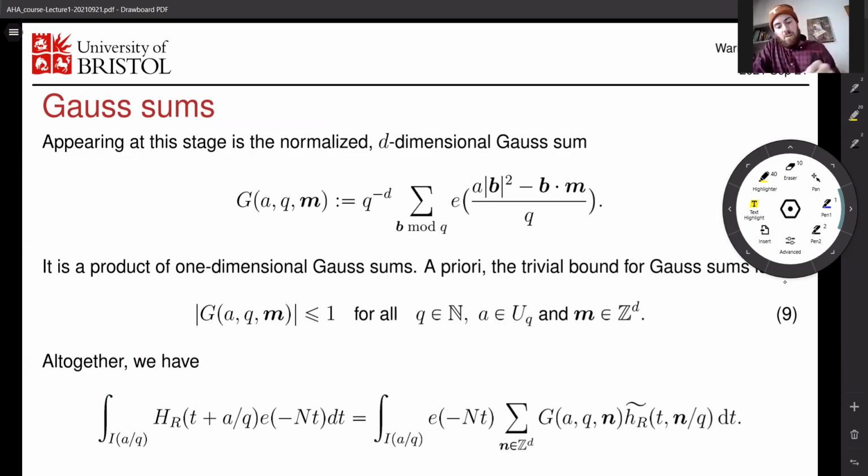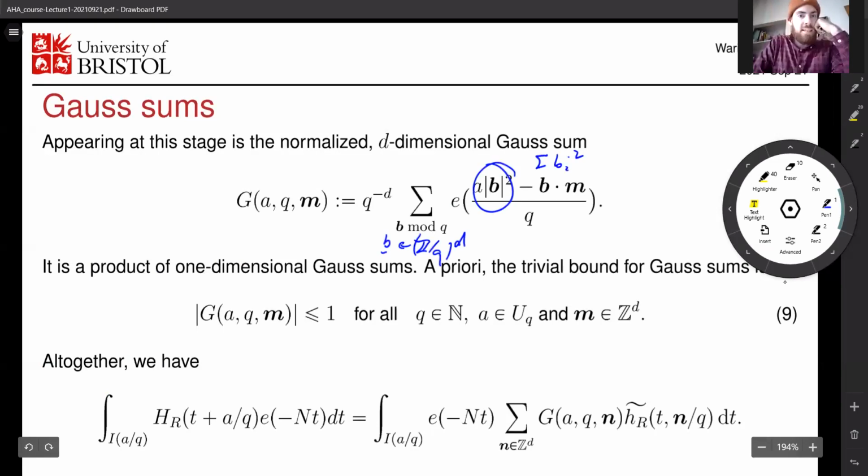What do I mean by this? So I'm looking at B mod Q. This B is a vector, so it's B in Z mod Q to the D. And when I write this, I actually mean the sum of BI squared. I'm just being a bit lazy and taking the norm squared everywhere, but norm doesn't make sense mod Q. So I mean just the algebraic definition of it, okay? And of course, the dot product is also going to be defined algebraically.